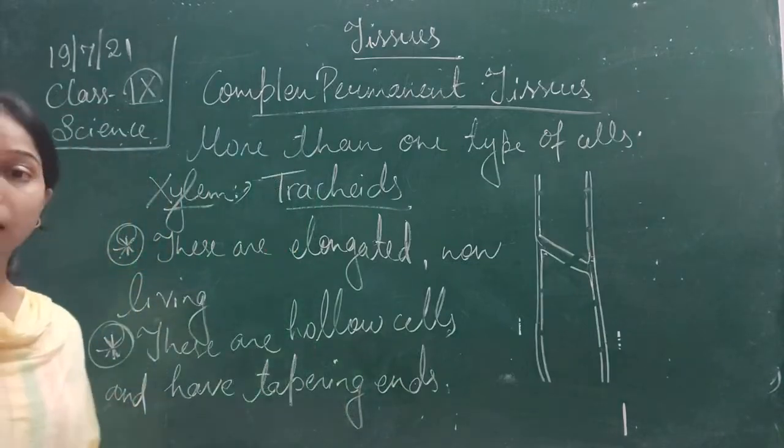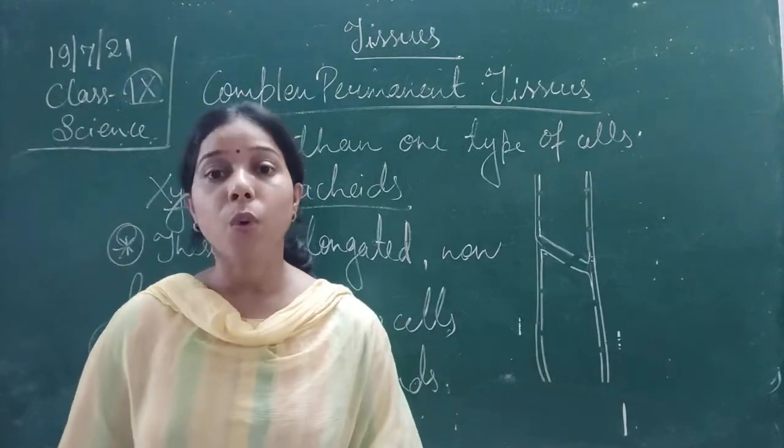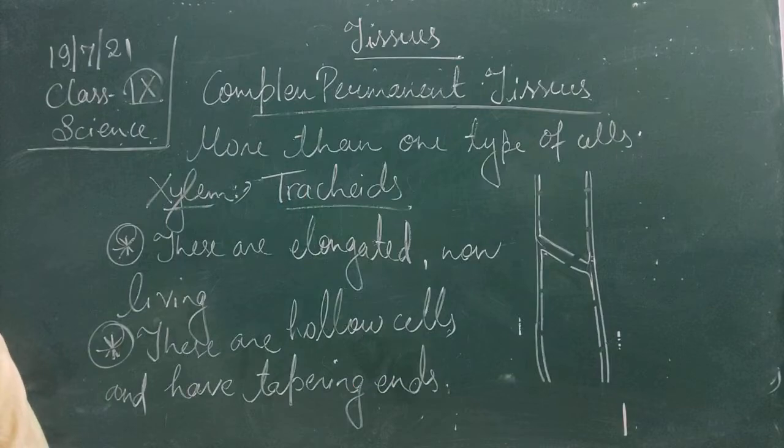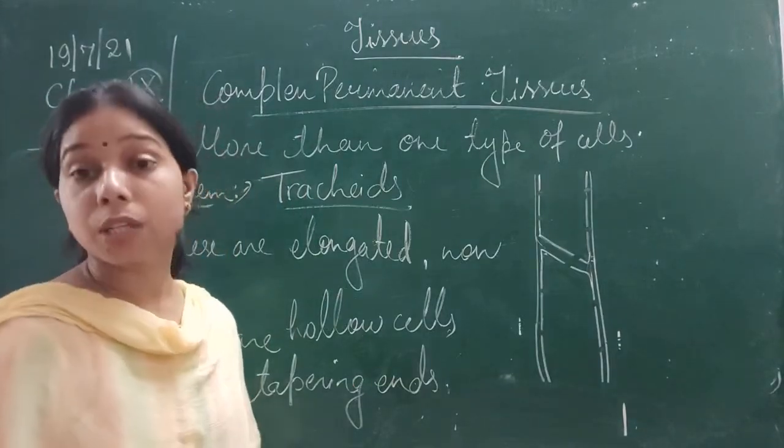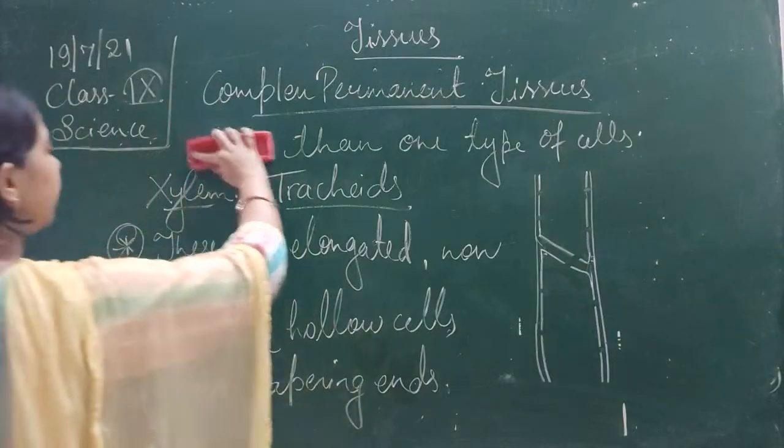Hollow cells and have tapering ends. The walls are lignified. That is why they are dead. So they are rigid. The walls are rigid as well as lignified.